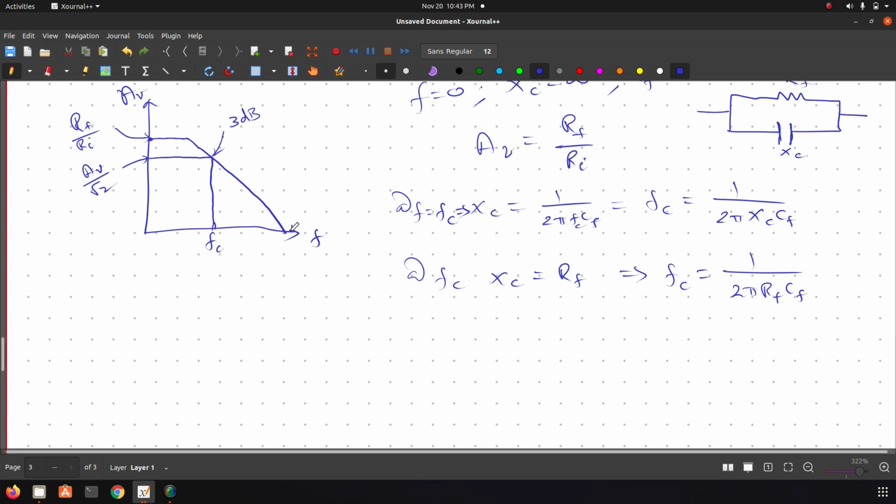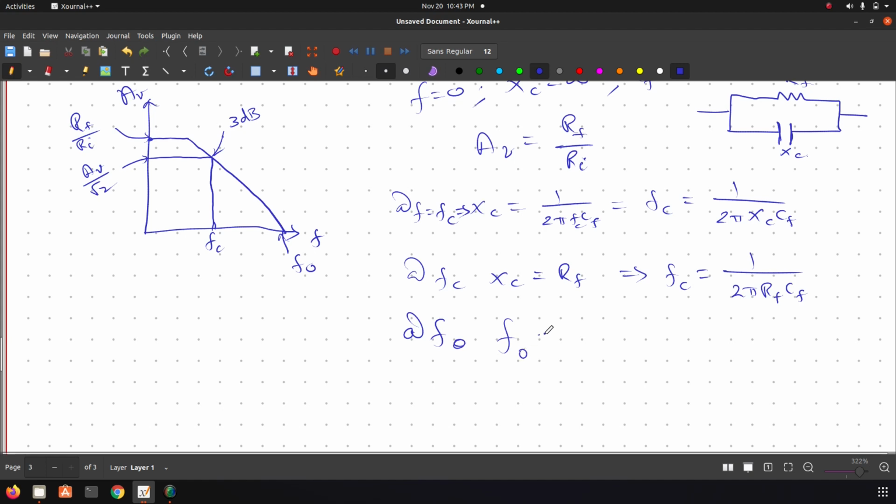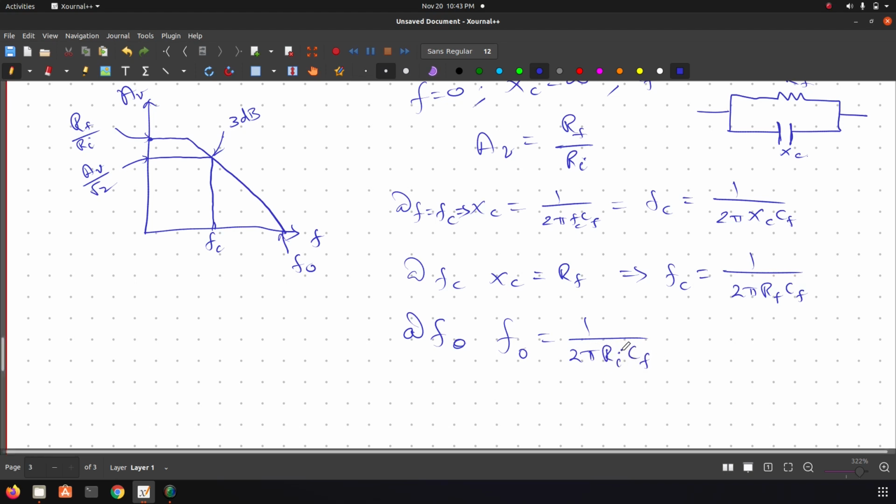And there is another frequency, called f0. At f equal to f0, the frequency f0 is given by 1 by 2 pi RI times CF. This is the input resistance.